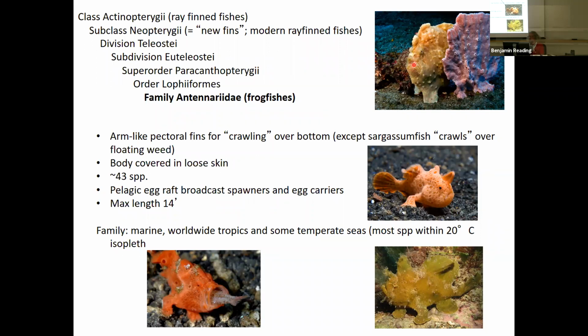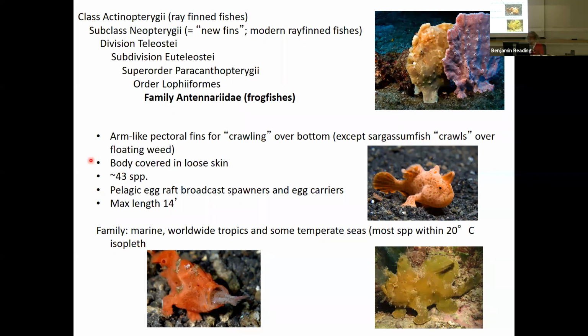And so the mouth is here, the eyes are here, and these are literally, the fins are legs, right? Here's another one. These are the fins here, they're like legs. Sometimes it's hard to even tell where the eyes and mouth are. They're very well camouflaged, very cryptic. The sargassum fish doesn't live on the bottom.